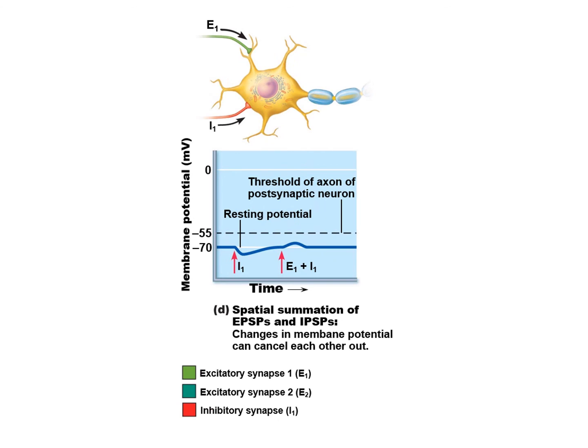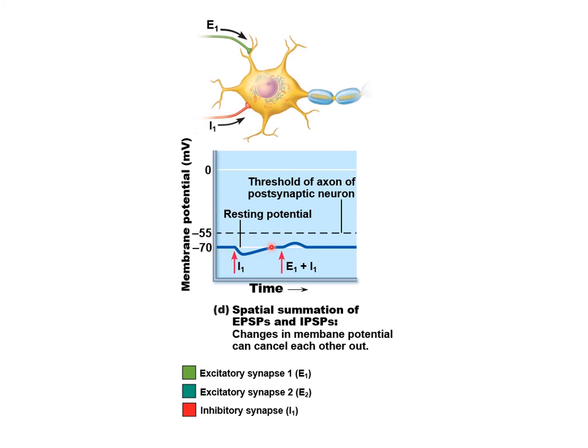But remember, not all stimuli are excitatory. In this example, we do have spatial summation, because we have two impulses at different sites, but one is excitatory, the other is inhibitory, meaning one is going to produce depolarization closer to threshold, the other is going to produce hyperpolarization further from threshold.